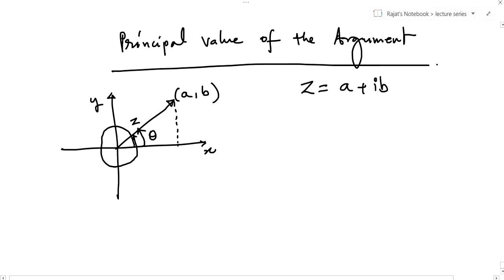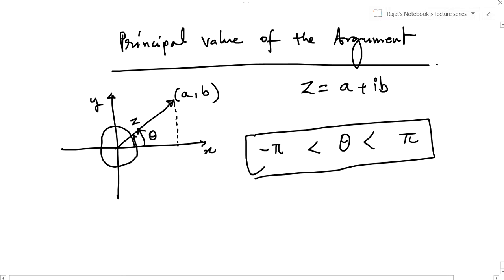So that's why we introduce the concept of the principal value of the argument. Principal value essentially says that whatever argument you are getting, it should be between pi and minus pi. Because if you start from minus pi, you are moving in the clockwise direction.